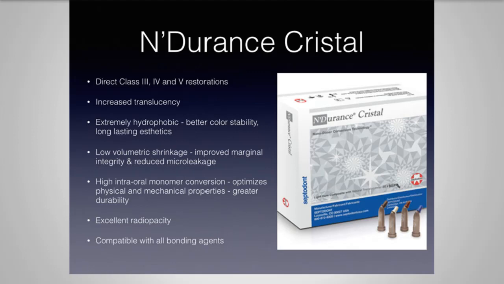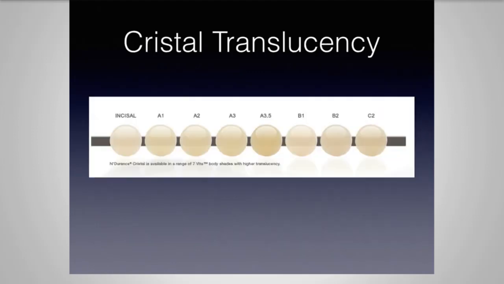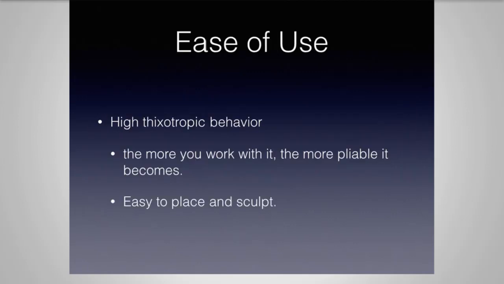That high conversion of the monomer, excellent radiopacity, and again, compatible with all of your bonding materials that are out there. And I love this chart because it shows you the aesthetics, the translucency that you'll be able to get in those areas where you want it.